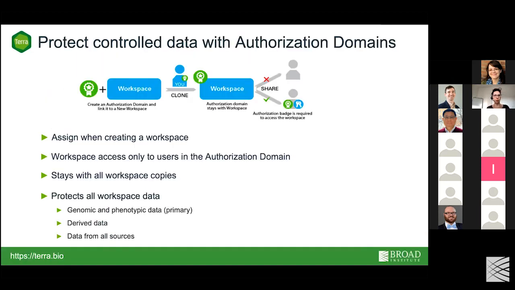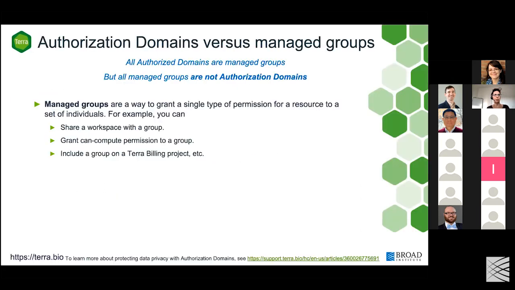Liz already covered authorization domains, so I'm not going to reiterate, but I did want to talk about, there's often a little bit of confusion between authorization domains versus managed groups. So all authorization domains are managed groups, but not all managed groups are authorization domains. So managed groups are a way to grant permission once to a set of individuals.